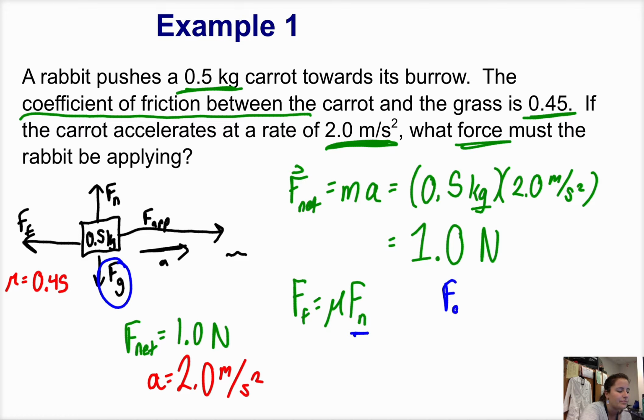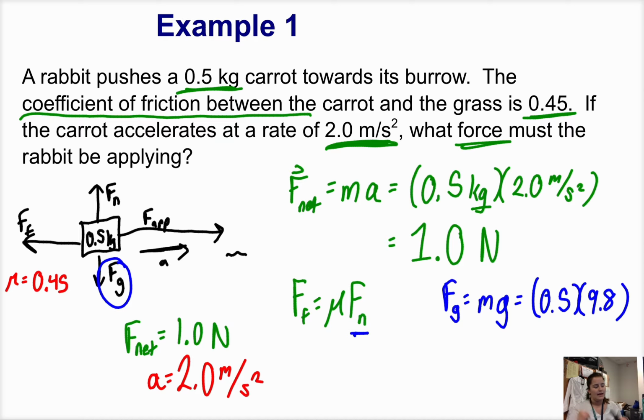So the force of gravity equals mass times g, the acceleration due to gravity. So 0.5 times 9.8, and I get 4.9. So the force of gravity acting on that carrot is 4.9 newtons down.